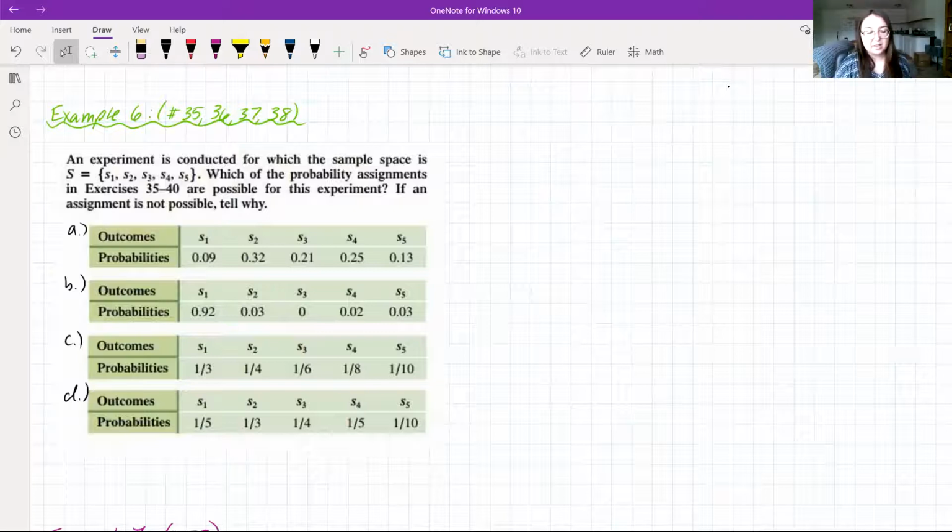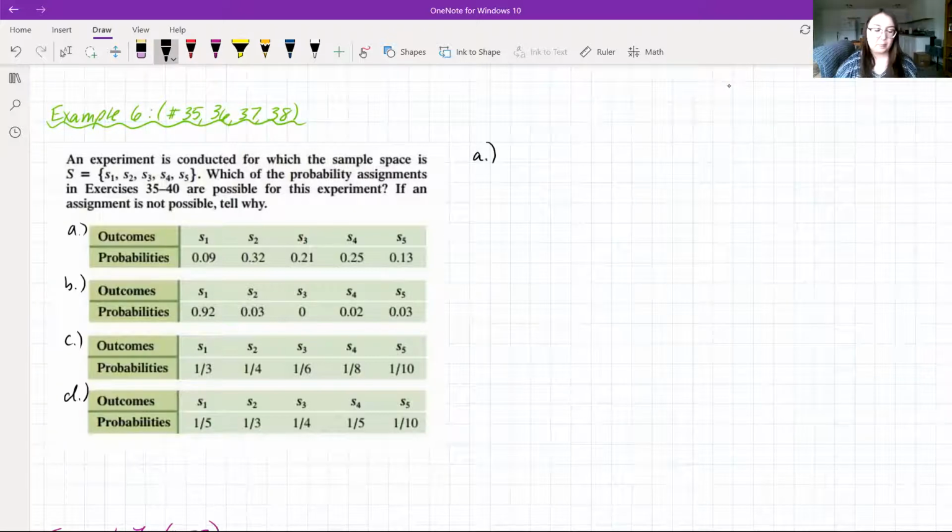We say which ones are possible for the experiment, and if an assignment is not possible, we say why. So basically, all we're thinking about is whether each probability is between 0 and 1, and whether they all add up to 1. Those are the only things we care about.